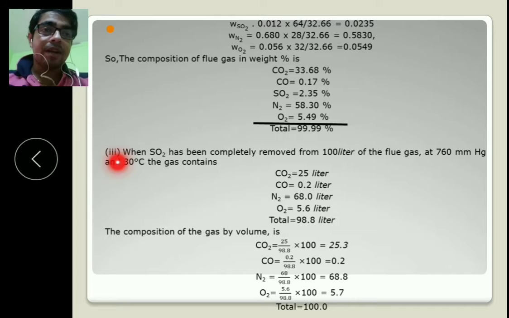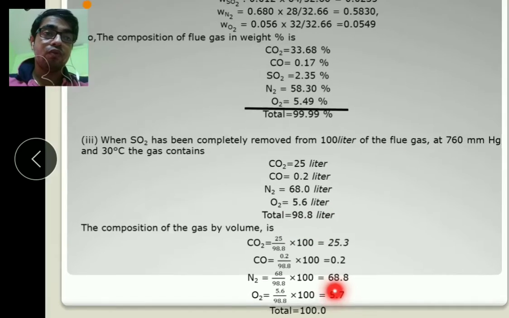Now sulfur dioxide is completely removed. So assume 100 liter of gas. From that, carbon dioxide was 25 liter, carbon monoxide 0.2 liter, nitrogen 68 liter, oxygen 5.6 liter, and sulfur dioxide is omitted. So for the composition in volume percentage, the total volume is reduced; before, the total volume was 100.